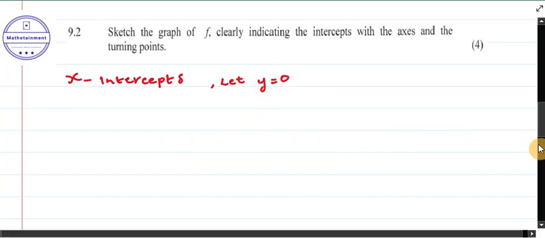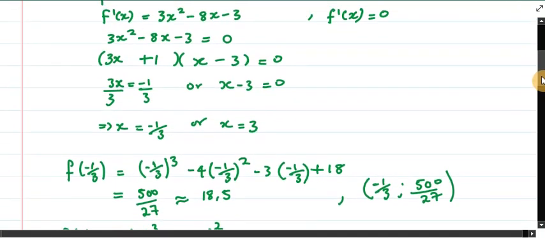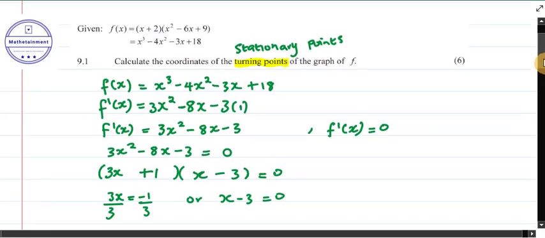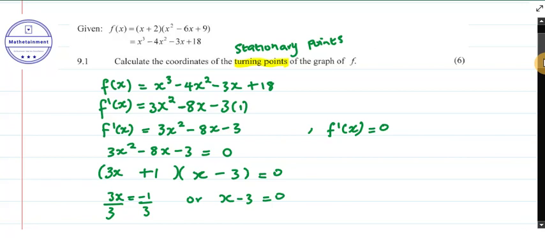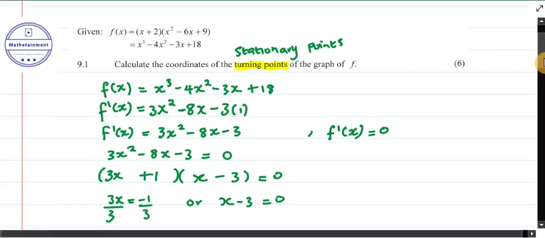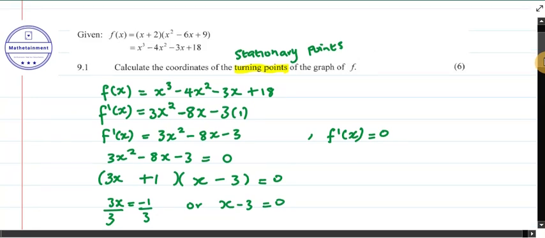Let us go back to the function given to us. Let us take the first one, because for the first one we have already been given the factor, which is x plus 2, while for the second one we have to find the factors. The first one is much more simplified. We know the first factor, and we are required to find the other two factors.